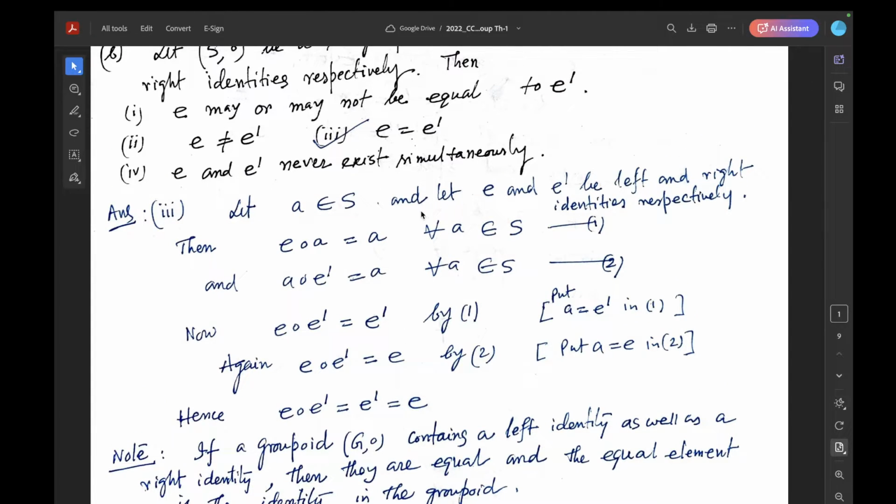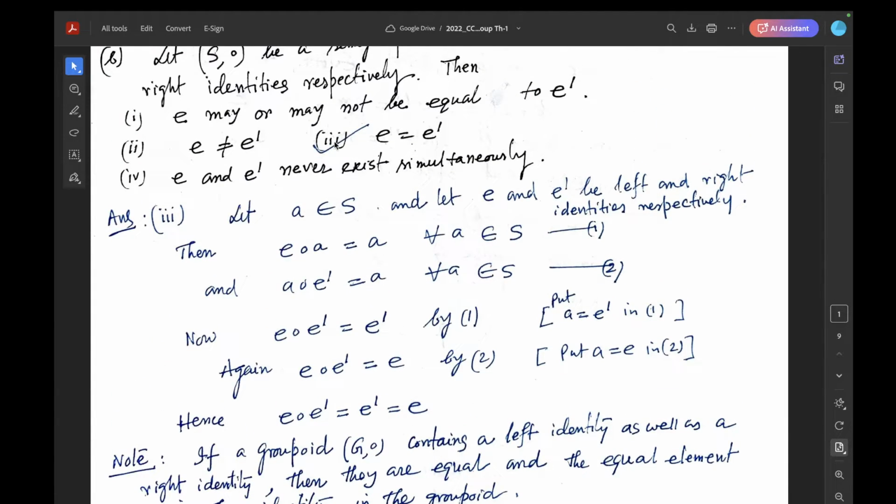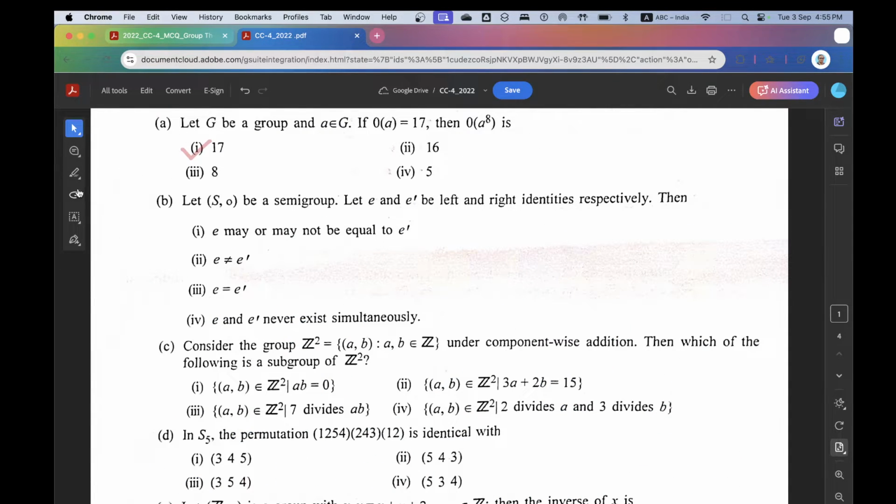Hence, correct option is 3. Note that if a group-oid G star contains a left identity as well as a right identity, then they are equal and the equal element is the identity in the group-oid. Here correct option is 3, e equal to e dash.